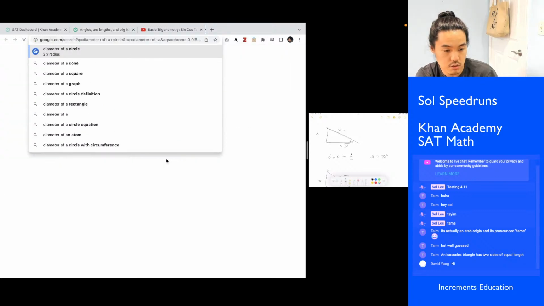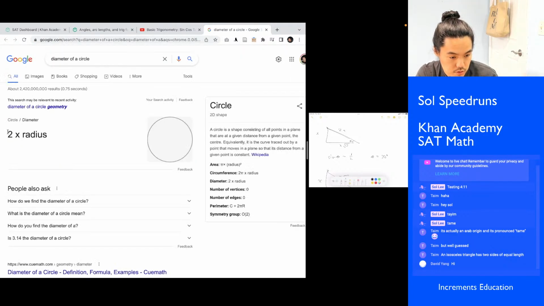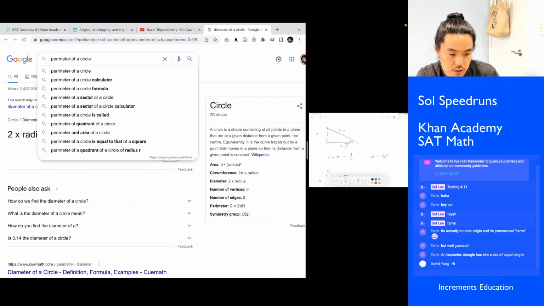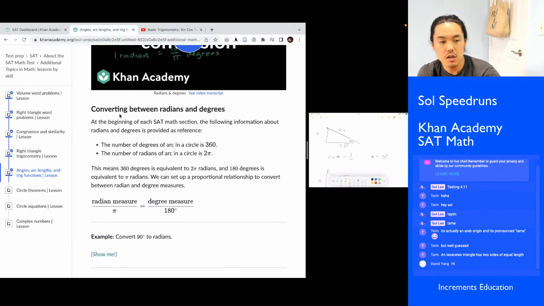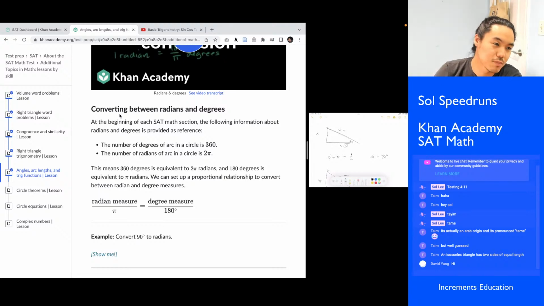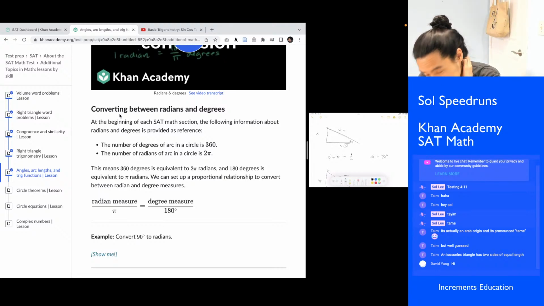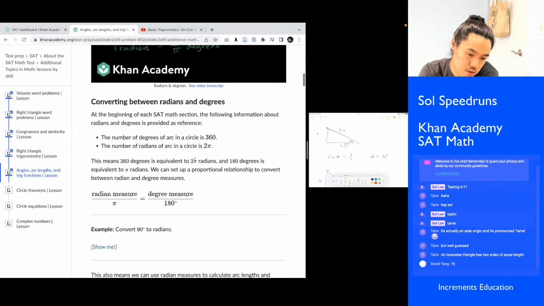Diameter of a circle. Oh, sorry, perimeter. 2 pi r, right? Yeah. So that means a radian is just the length way of measuring an angle. 2 pi, we're just assuming r is equal to 1 for simplicity's sake. 2 pi means a whole circle. It's a whole 360 degrees.